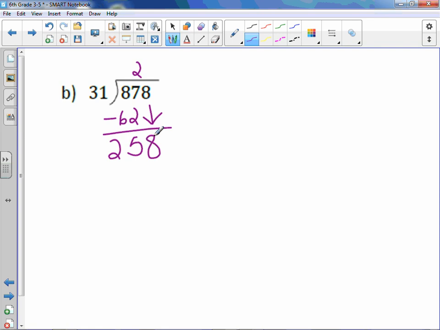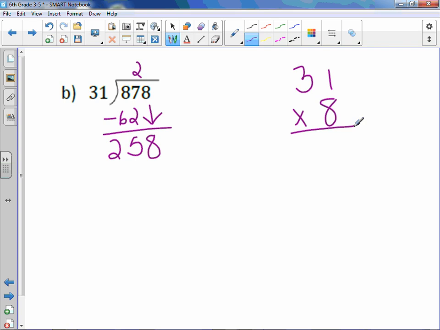Now think 31 into 258. I would think maybe 30 into 260 or 3 into 26. It's about 8. 3 times 8 is 24, so 3 times 8 is 240. Let's see where 31 times 8 comes from. And if you're not really good at estimating, that's okay.